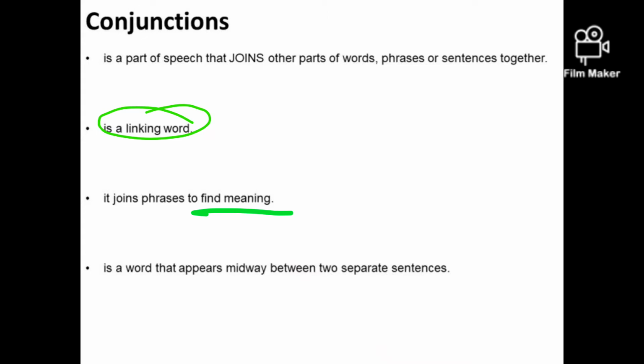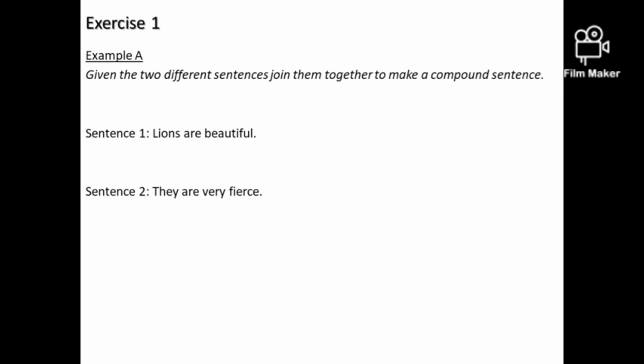The best way that I can explain conjunctions is by looking at exercise 1 as part of our learning activity today. Exercise 1 will serve as example A, basically.